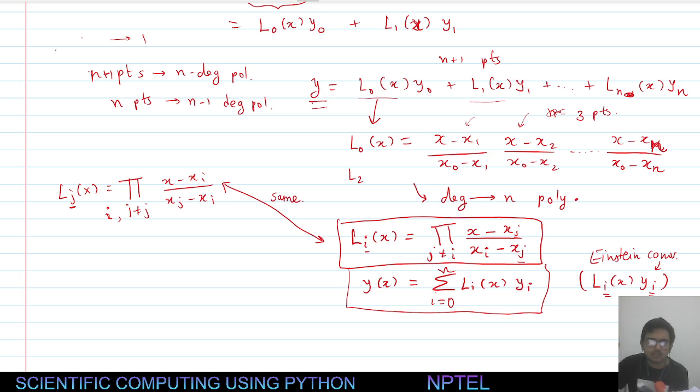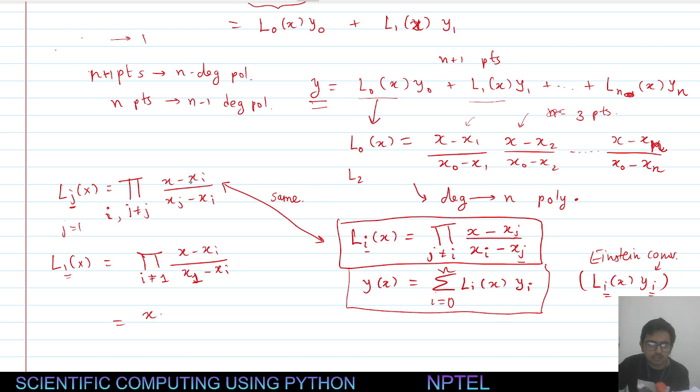But for L1 of x, he wrote x minus x0 times x minus x2. Okay, so now j is equal to 1, so now it becomes the product over i not equal to 1 of x minus xi upon, sorry, j is 1, so x1 minus xi.